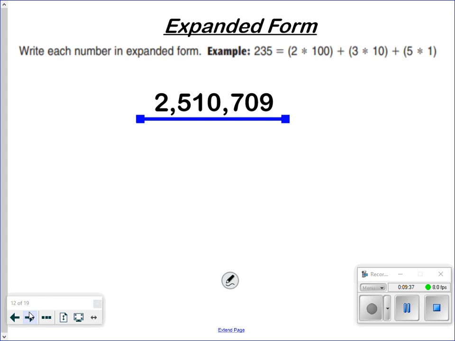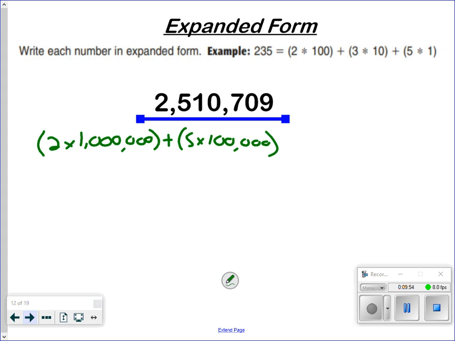Let's take a look. This one's going to be a lot of writing, so bear with me. I'll go pretty quick, okay? The first one is 2 times 1 million plus 5 times 100,000. All I'm doing is taking these place values, right? Plus 1 times 10,000. Here's the interesting one now. Pay attention. When you have a 0, you don't have to add it in there, which is really delightful.